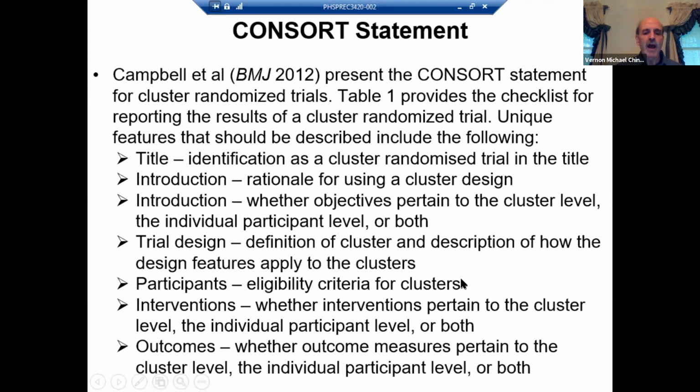You do need to describe the interventions and whether they pertain to the cluster level, to the hospital or clinic, whatever, or are applied at the individual participant level. Sometimes it's a combination of both. And likewise for the outcomes, are they measured only at the cluster level, or at the individual participant level, or both?